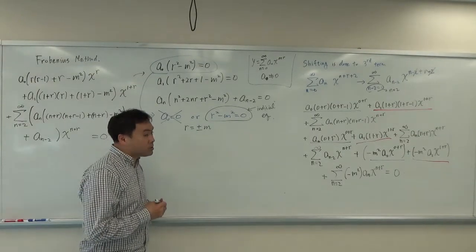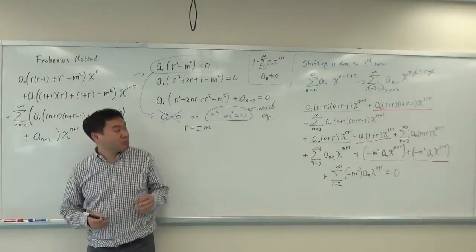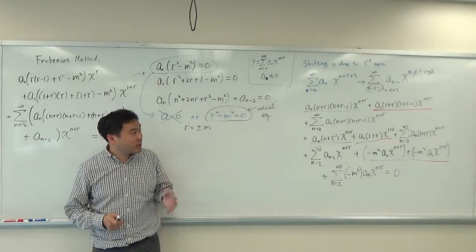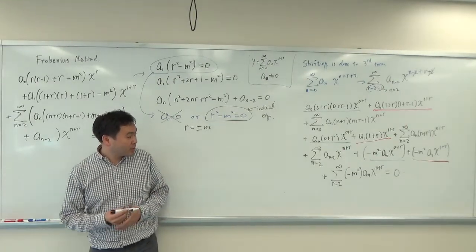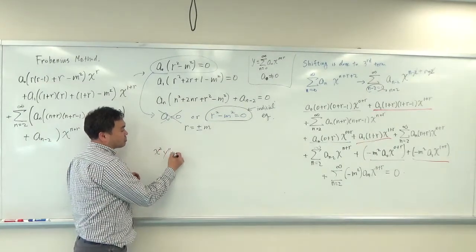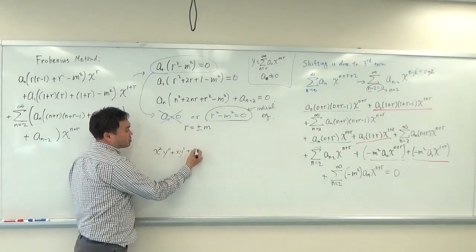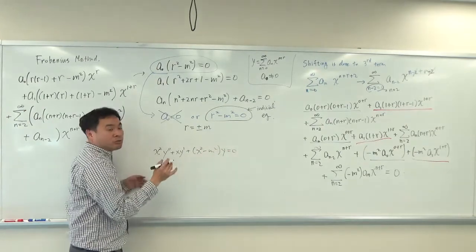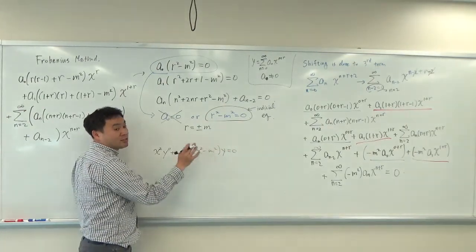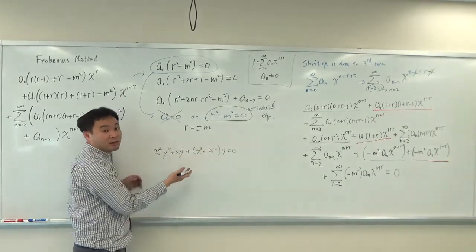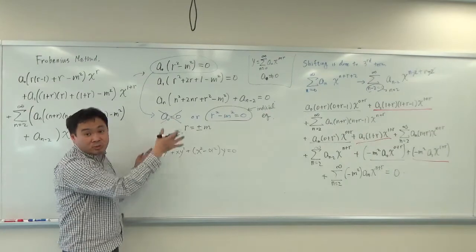Now, in general, when you solve a Frobenius method, this doesn't have to be an integer. In fact, our original Bessel's differential equation was x squared y double prime plus x y prime plus x squared minus m squared, y equals 0. We could very well write down this number so that it's not a square of an integer. It could be any number alpha, and you could still do this without any problem.